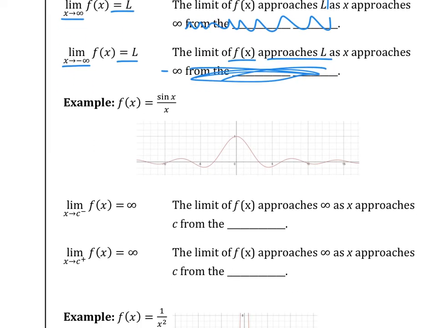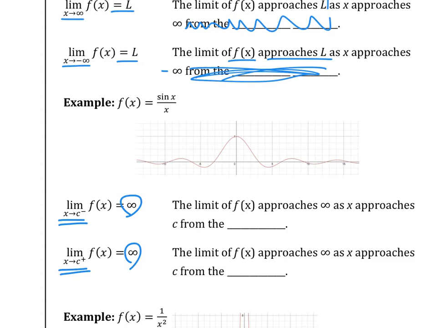All right, let's look at this one. This is the second case, where the limit is going to infinity or negative infinity, not the x. This means as x goes to c from the negative side, y is going to infinity, or as x is going to c from the positive side, y is going to infinity.